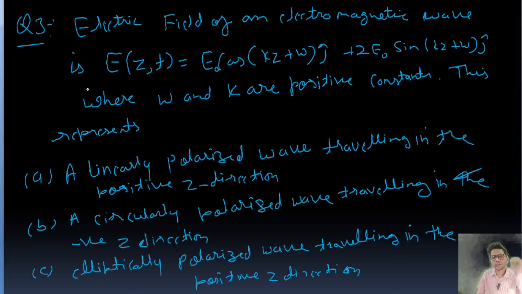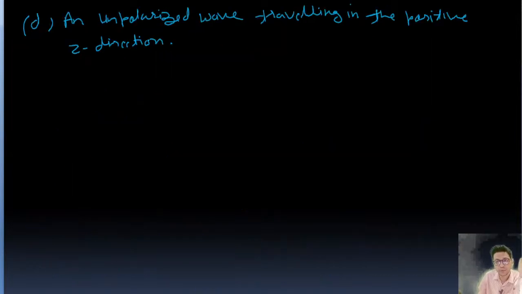So this is the question. The electric field of an electromagnetic wave is given, where omega and k are positive constants. Is it a linearly polarized wave traveling in the positive z direction, a circularly polarized wave traveling in the minus z direction, an elliptically polarized wave traveling in the positive z direction, or an unpolarized wave traveling in the positive z direction? That we need to find out.